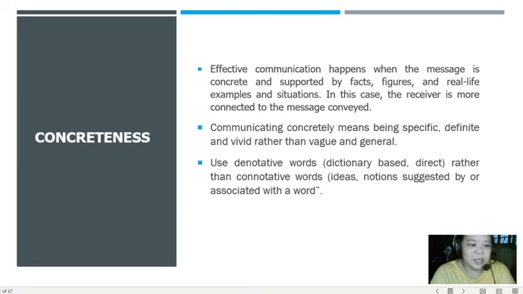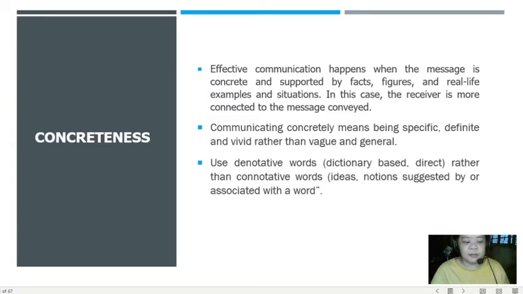In this video, we'll focus on concreteness. Effective communication happens when the message is concrete and supported by facts, figures, and real life examples and situations. In this case, the receiver is more connected to the message conveyed.